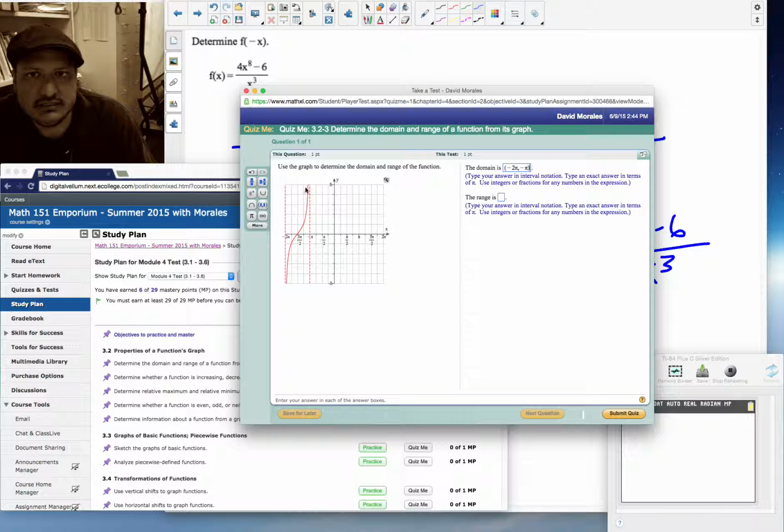And we use parentheses because it doesn't touch it, it's asymptotic. Now the range is all the y values. It looks like this is going to go on forever down here, and that's going to go on forever up there. So here we would use negative infinity to infinity.